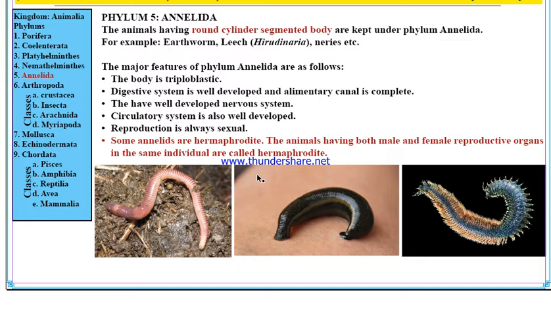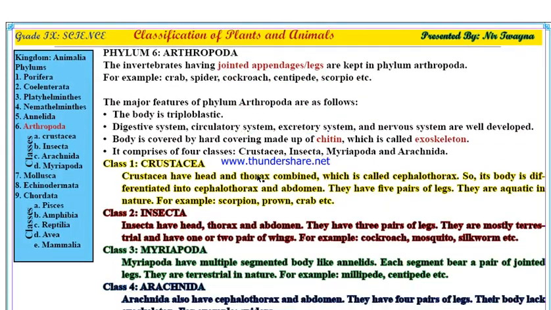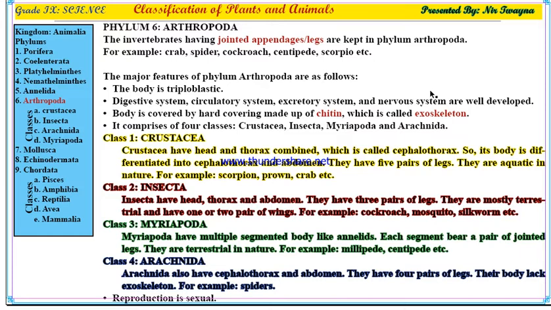Okay, let us go to the next phylum, Arthropoda. Well, you know pretty well what Arthropoda means. Arthro means combined, connected or jointed, and poda means appendages or legs.